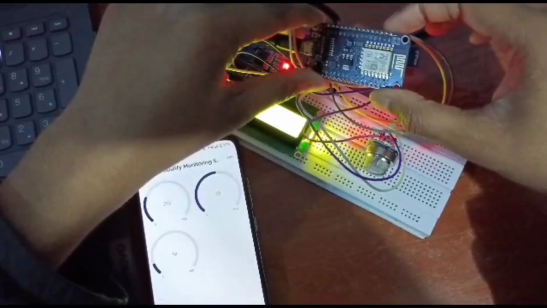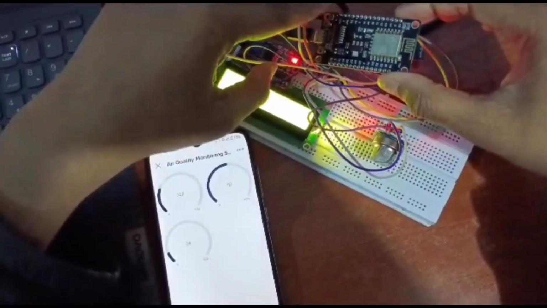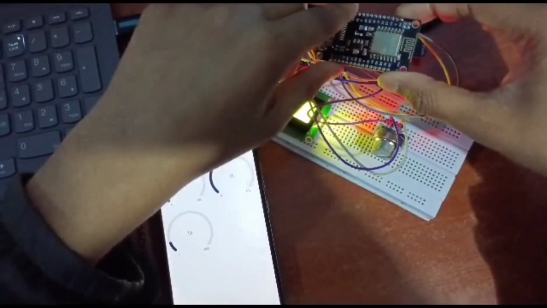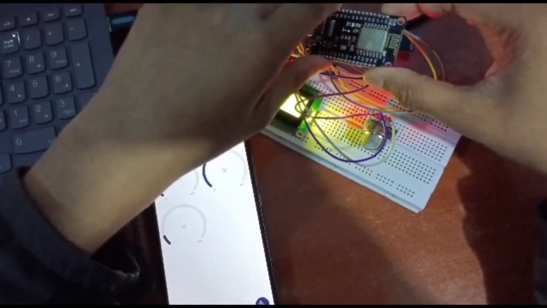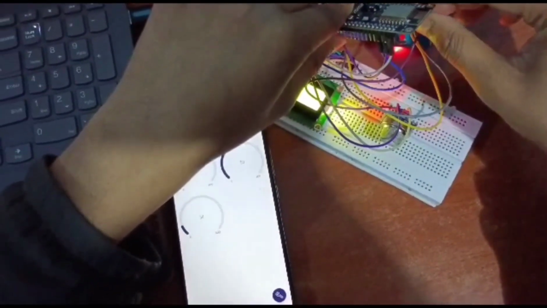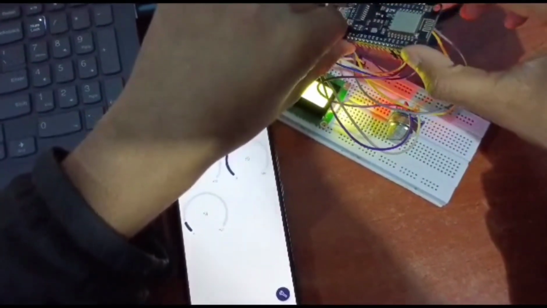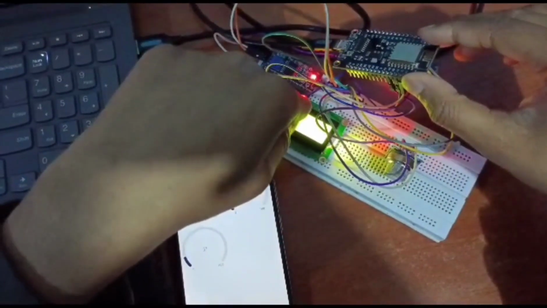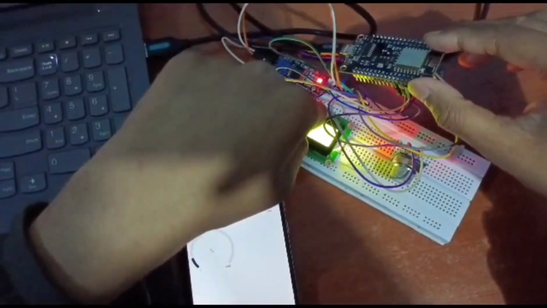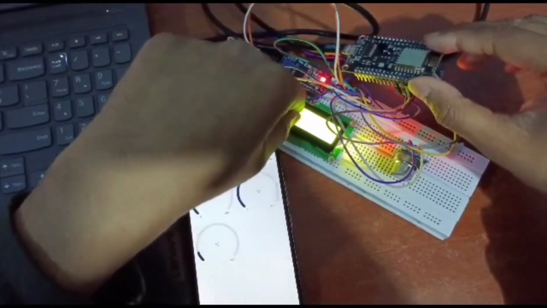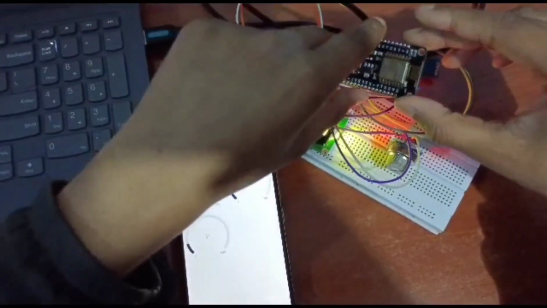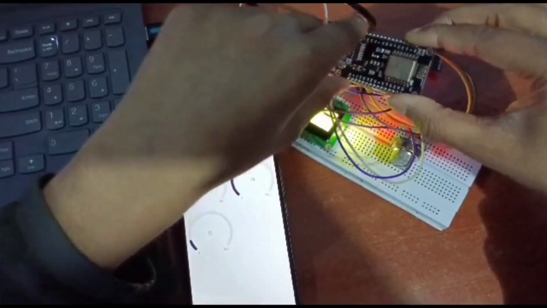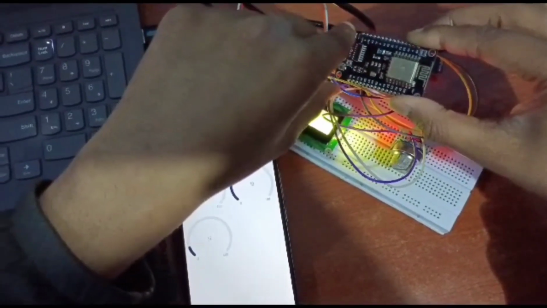The G pin of the NodeMCU board is connected to the negative rail of the breadboard. The ground pin provides the common ground for the board and other components connected to it. By connecting the G pin to the negative rail of the breadboard, we ensure that all the components on the breadboard have the same ground reference. Also, the VU pin is connected to the positive rail of the breadboard.